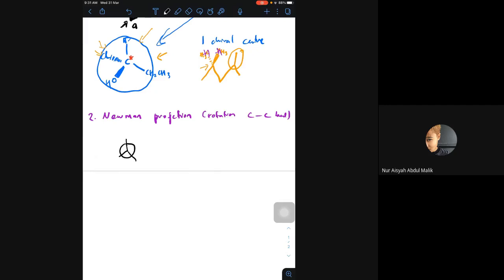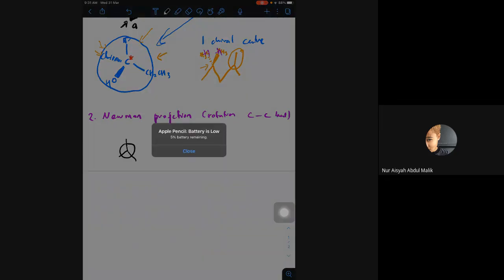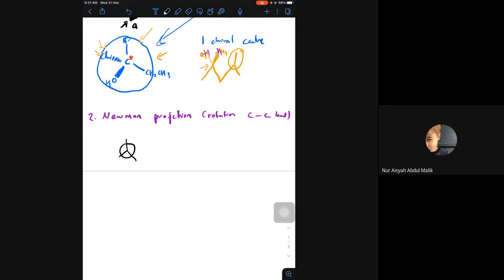So what you see over here is basically the carbon. You are viewing the carbon from the front angle, the front meaning from this angle, directly on the carbon.